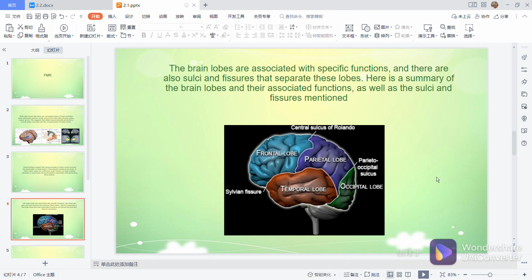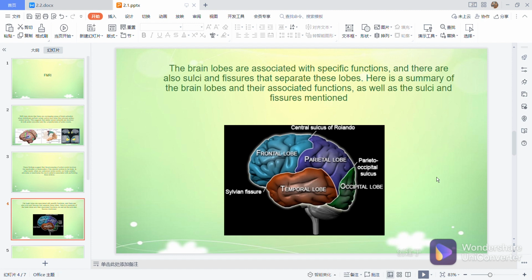Parietal lobe, located on the top of the brain. It contains a cortex which processes sensory information related to touch, temperature, and body position.